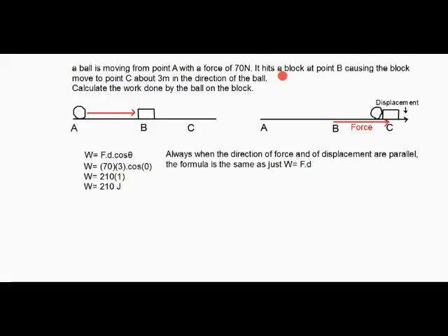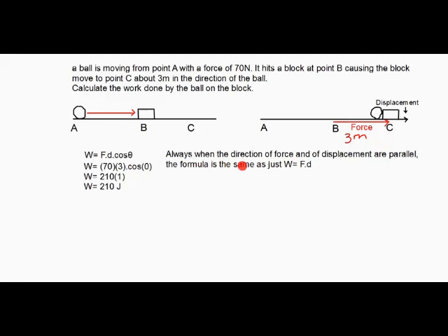It hits the block at point B, causing the block to move to point C, about 3 meters in the direction of the ball. So the block moves 3 meters from point B to point C.